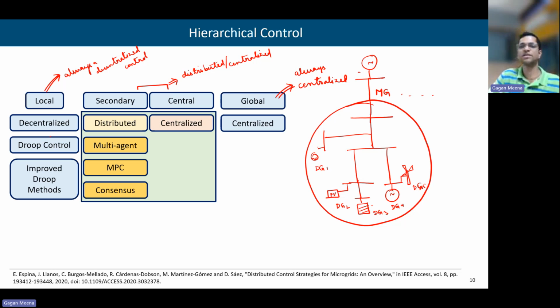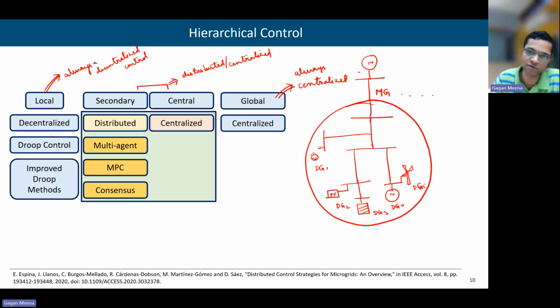Each of these distributed generators will have its own local control, specific to it, which will try to regulate its voltage. If it is operating in constant power mode, then it will inject a particular amount of power, or extract the maximum power at the particular voltage level. That is the work of the local controller.